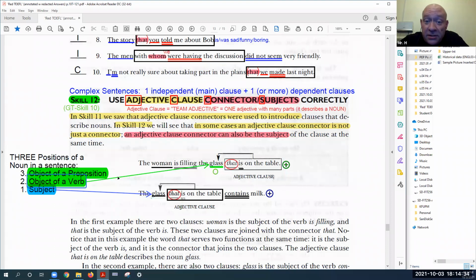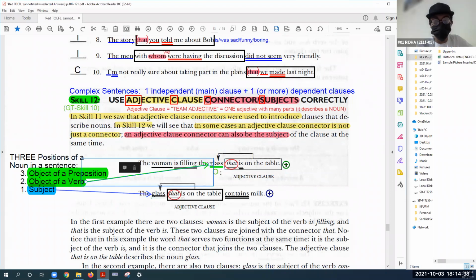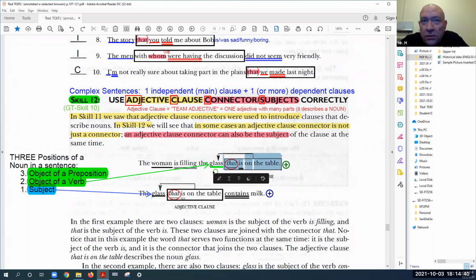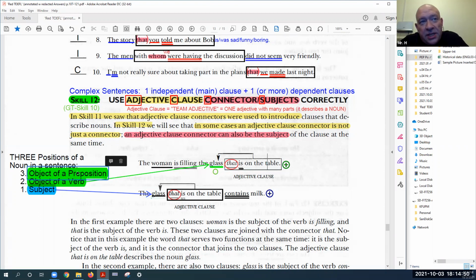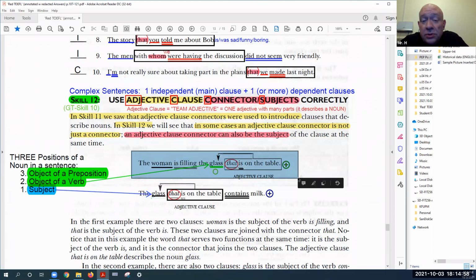The object of the verb. You see, I put an O here. Object, because that's the object of the verb. So that's why I put the positions in reverse: the first example describes the object of a verb.